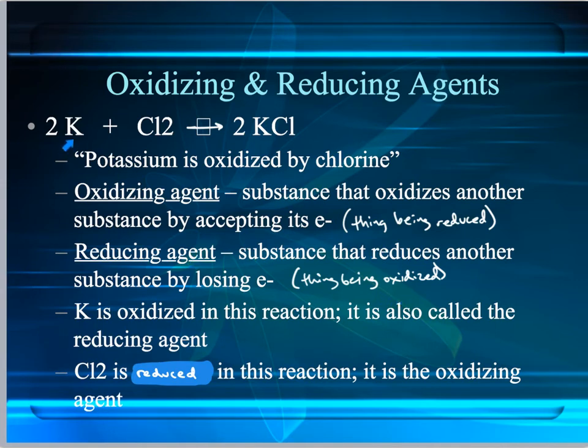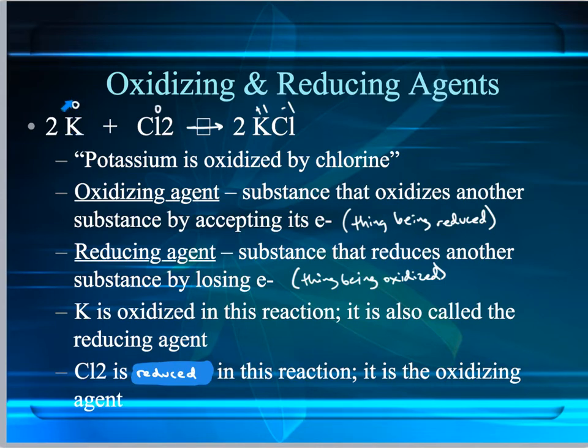Well, if we come back up here and look at this reaction, potassium goes from 0 as a charge here to +1, and chlorine, each of them is -1, or sorry, back in the reactants, they are 0, and then they go to -1 over here. Potassium is oxidized in this reaction. Well, how do we know that?